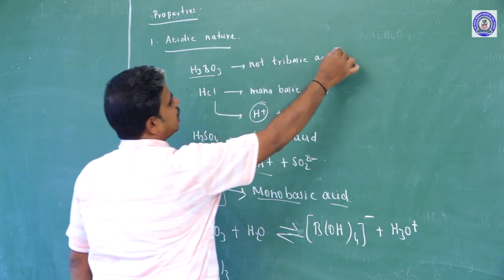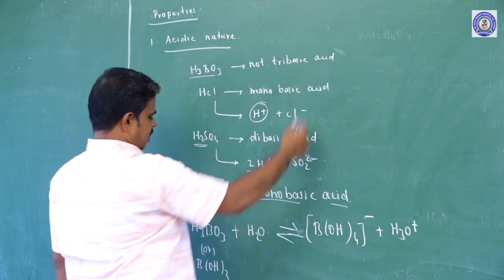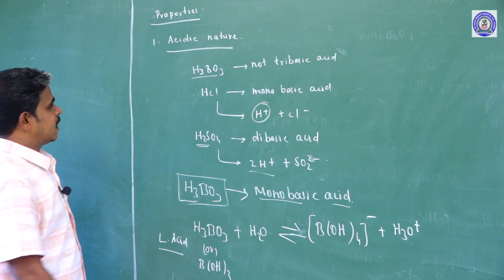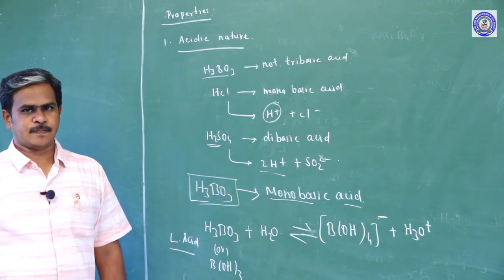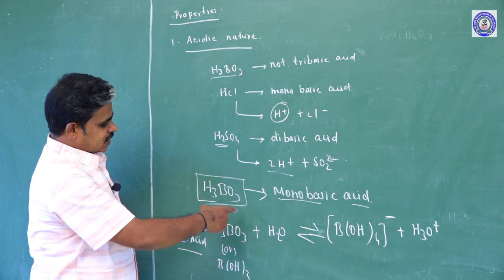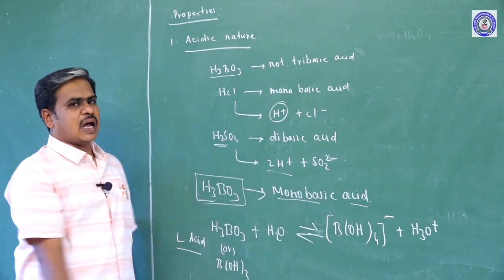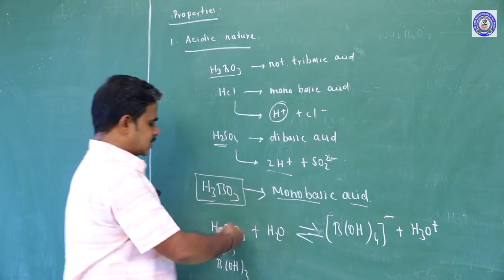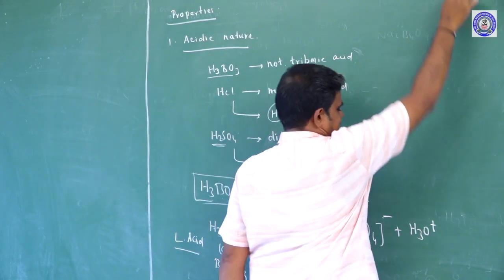So, it is not a tribasic acid, it is a monobasic acid. So, it is acidic in nature. The basicity of boric acid is 1.